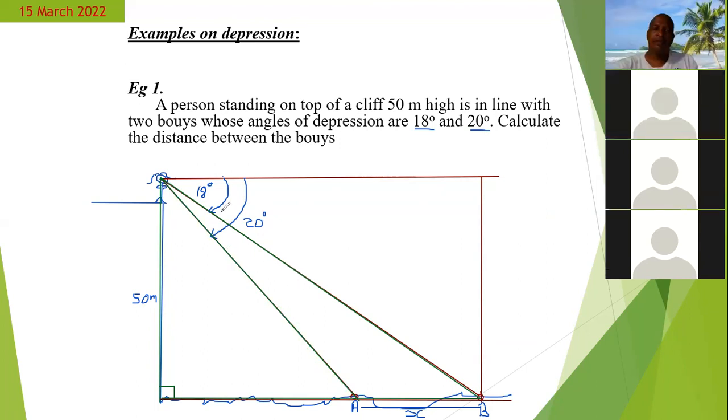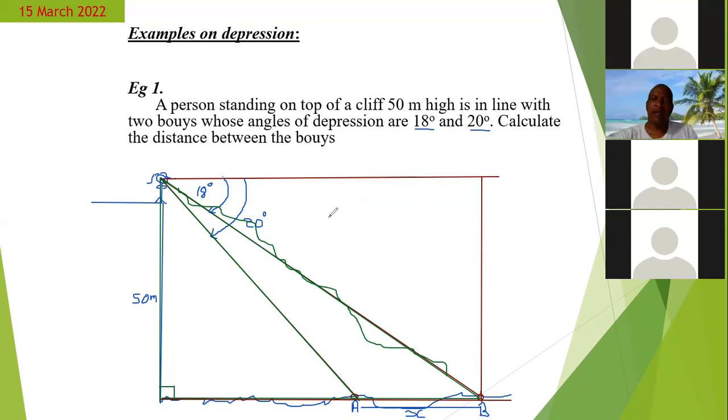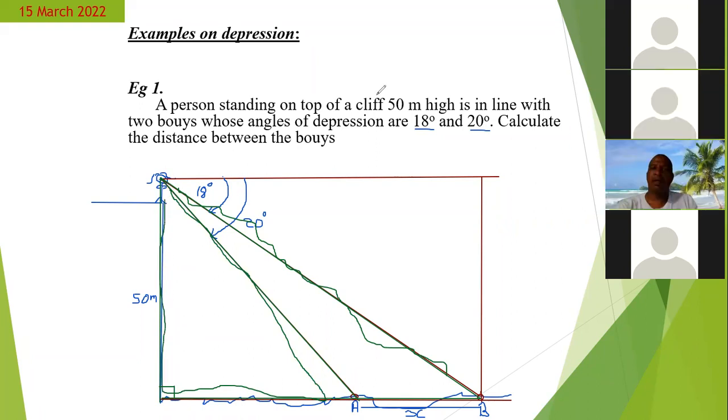Now, if I should erase this line, you would have a smaller right angle triangle. Raise your hand if you recognize the smaller right angle triangle, guys. Everybody recognize the smaller right angle triangle, which is this one here. Everybody see this triangle that we are referring to? Yes, sir. Okay, all right.